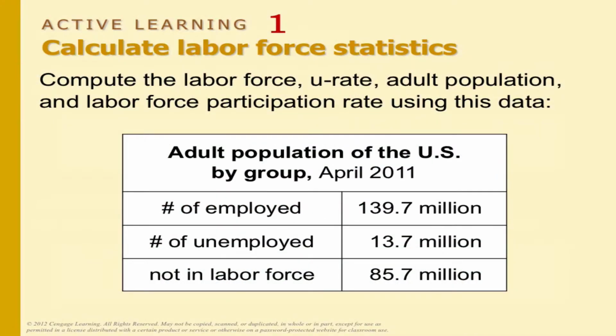And then some people. So look at these numbers. 7 years ago, about 140 million employed Americans, almost 14 million unemployed, and almost 86 million not in the labor force. What are all those people doing? They could be growing our GDP. What about the babies?